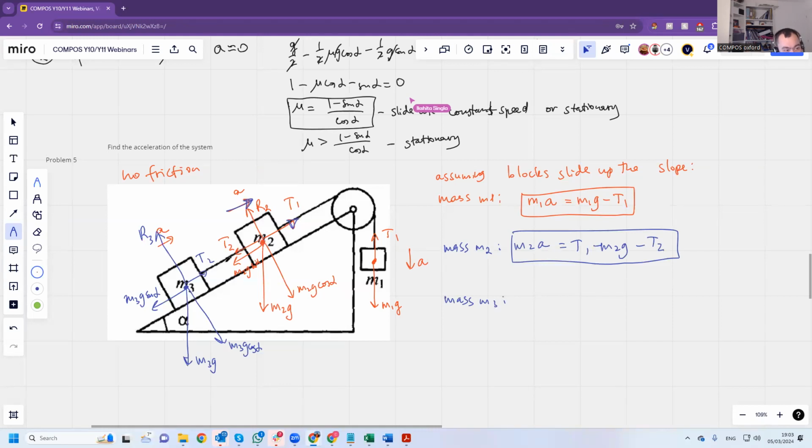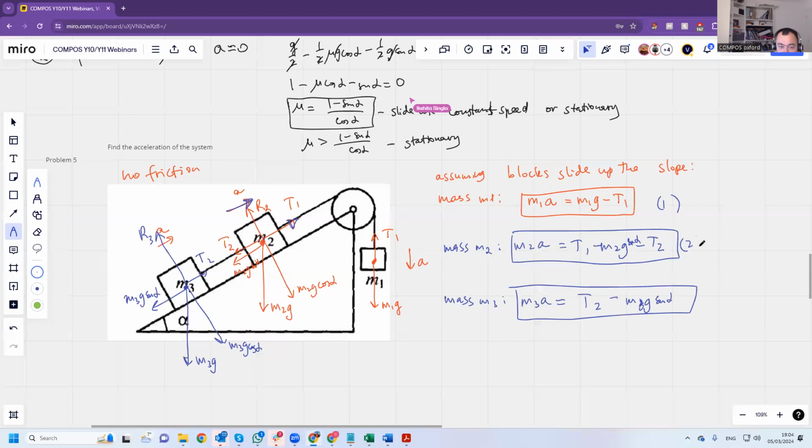Once again, it's accelerating up the slope. So M3A equals the forces pulling it up, T2, minus the forces pulling it down, M3G sine alpha.